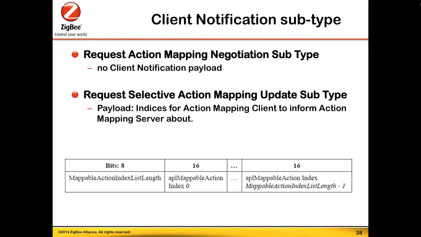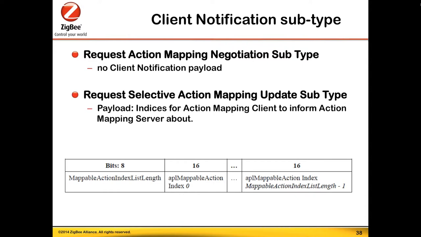There are two types of action mapping negotiation notifications that can be used. One is very general: you request complete renegotiation of all mappable actions.